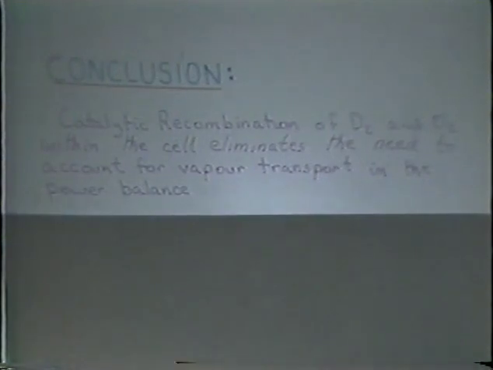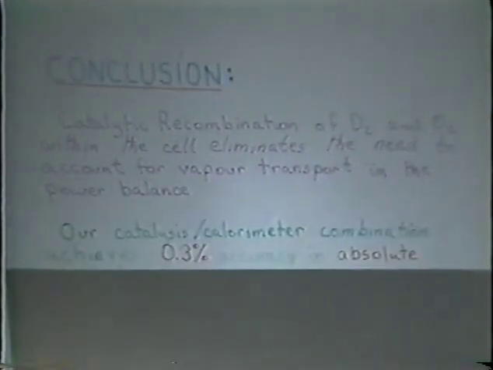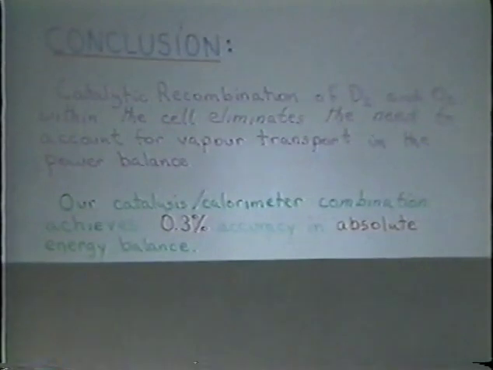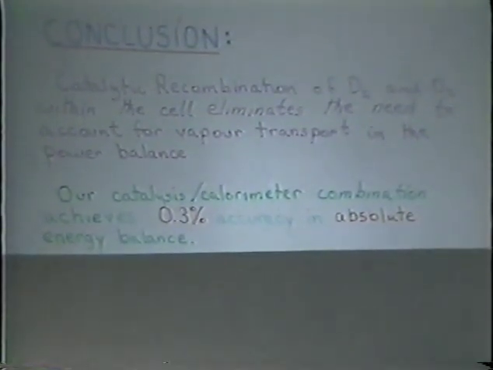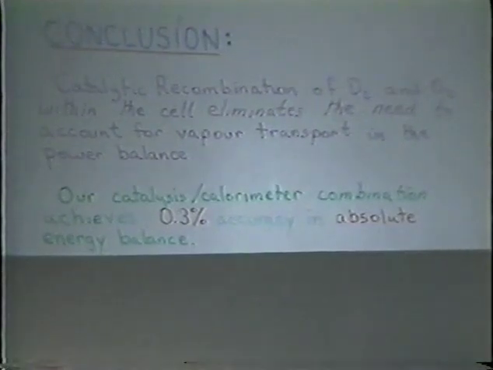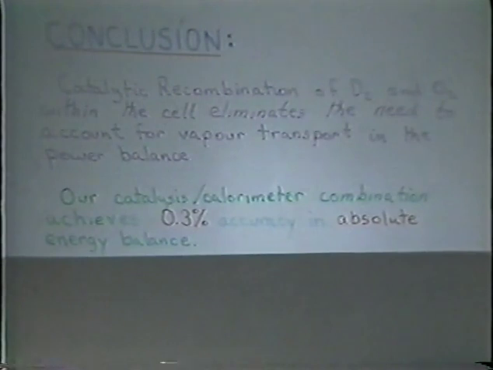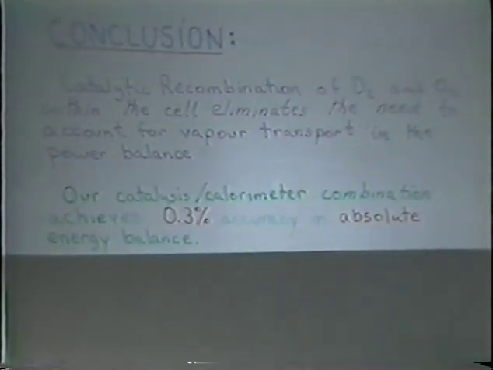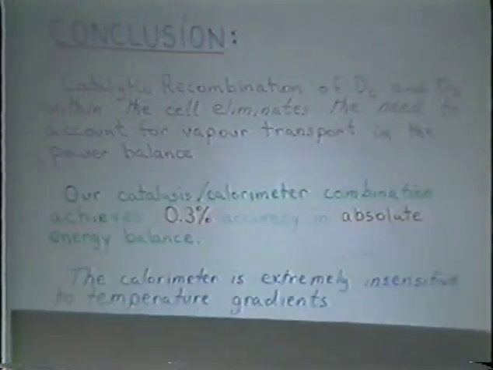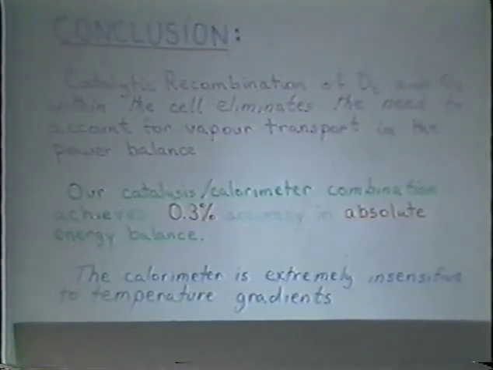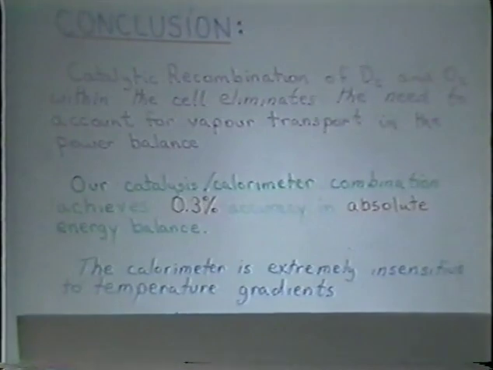First of all, we don't have to account for any recombination, or the flow of any sort of vapor outside the cell. It's a completely closed system entirely within the calorimeter. We measure an absolute energy balance to an accuracy of at least 0.3%. We aren't sensitive to temperature gradients.